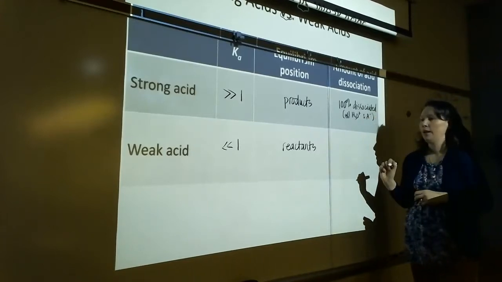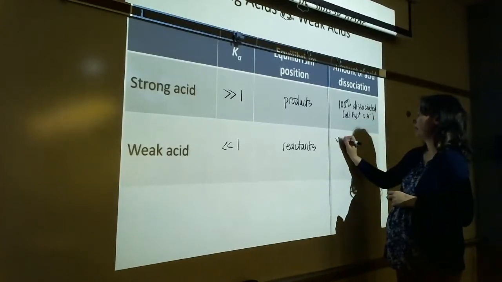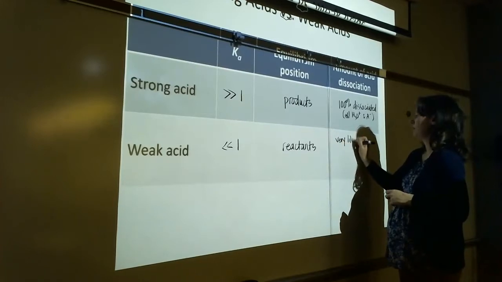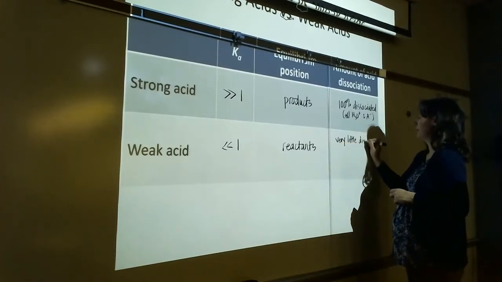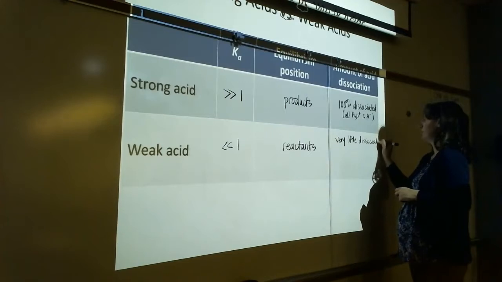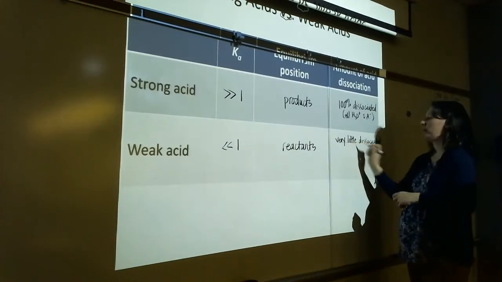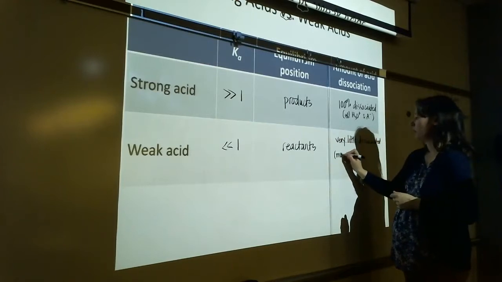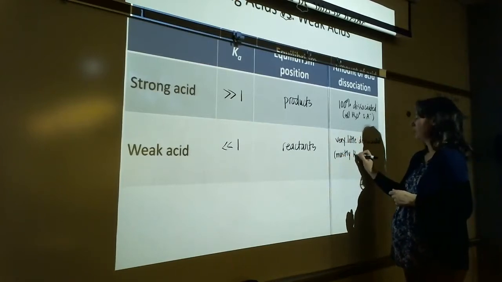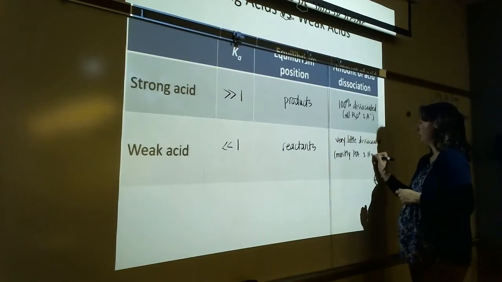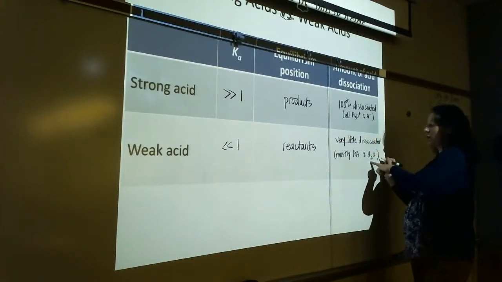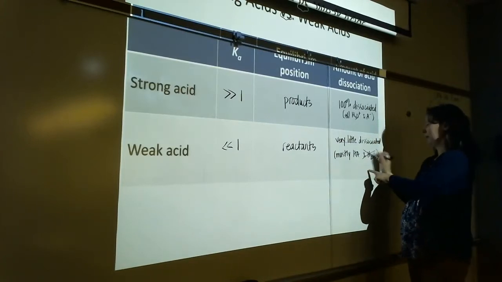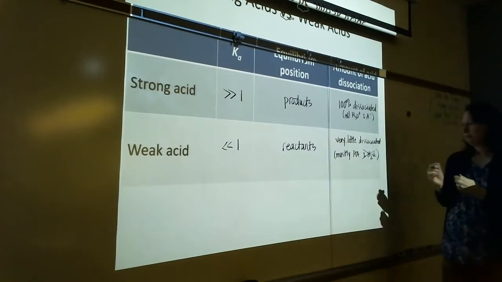And then for a weak acid, it's very little dissociated. I say very little because there's going to be some product. It's mostly what? HA and H2O, and H2O doesn't contribute to equilibrium, so it's mostly HA, right?